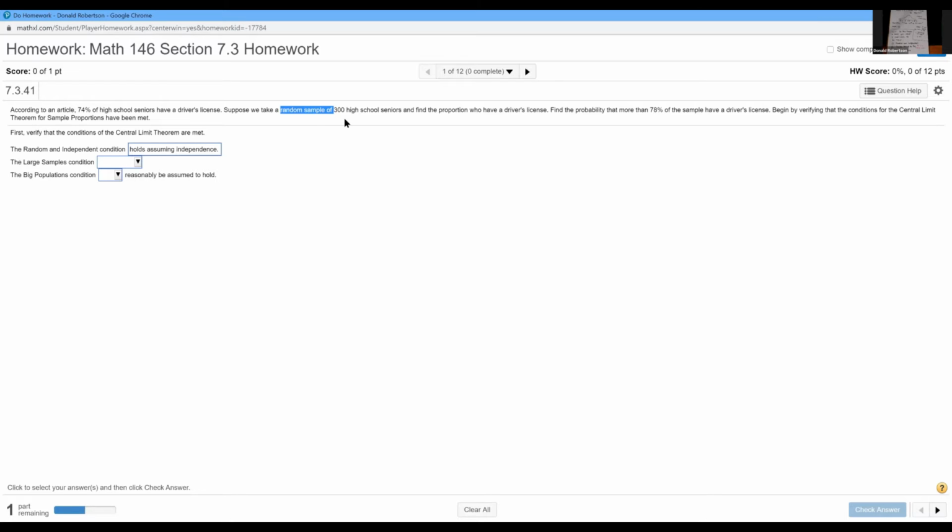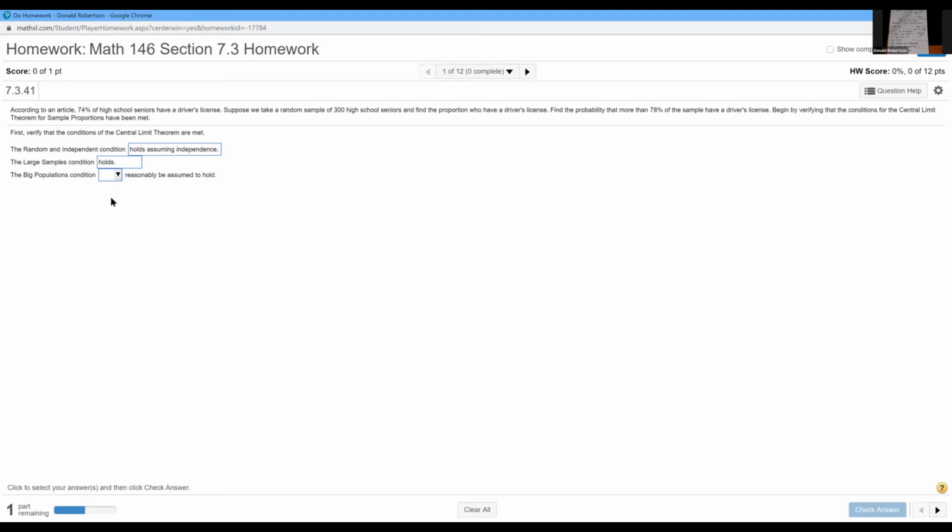I don't think there's any reason to suggest that they picked 300 people that were related or somehow connected. Now, the large sample, the quick test for that is 74% of 300. Is that bigger than 10? And the answer is yes, it's a lot bigger. So the large sample condition is met, so it holds.